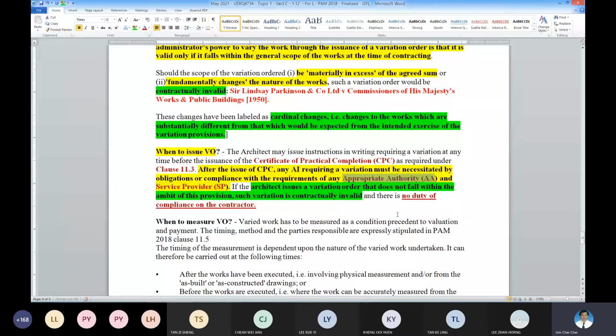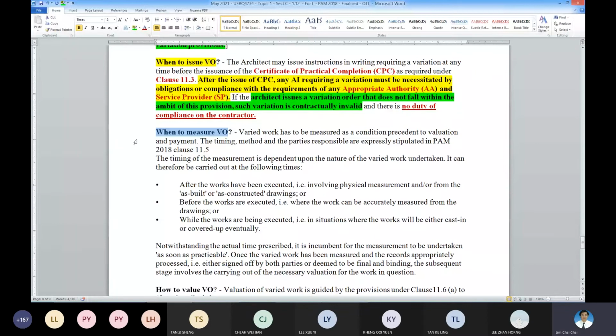So when to measure VO? Sometimes the VO is very simple, then it is usually measured at the end of the work. But if the VO is very massive and very varied, then the measurement can be after the work is executed.